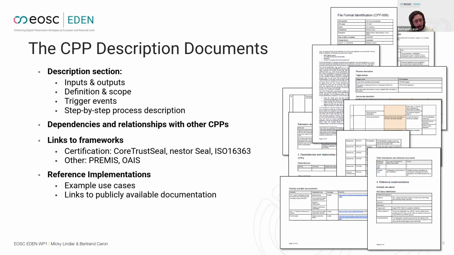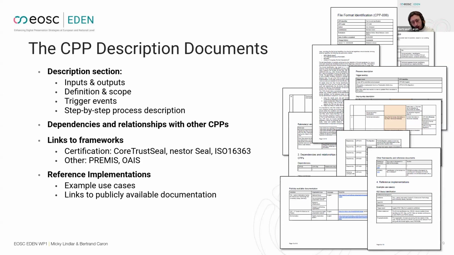The second part of these documents are relationship sections that define the CPP in context and in relationship with other processes. The third part is the link to frameworks.